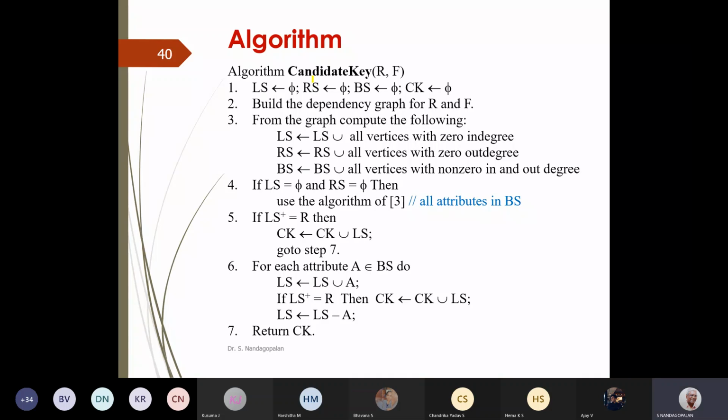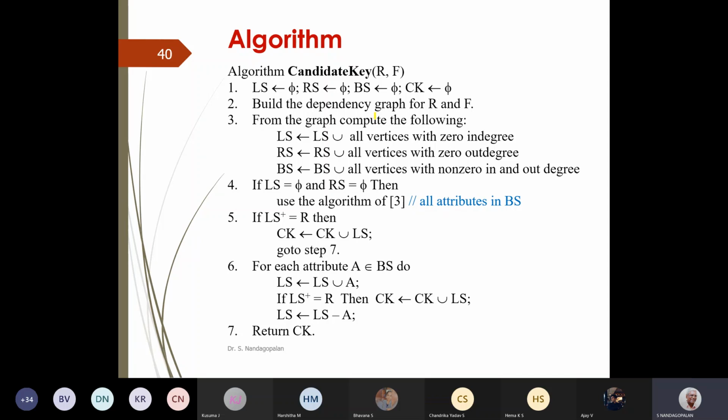Now what I do this time, in order to store these attributes which appear only on the left, only on the right, and on both sides, by drawing the dependency graph, you can get this data, but you need some variables to store this information.